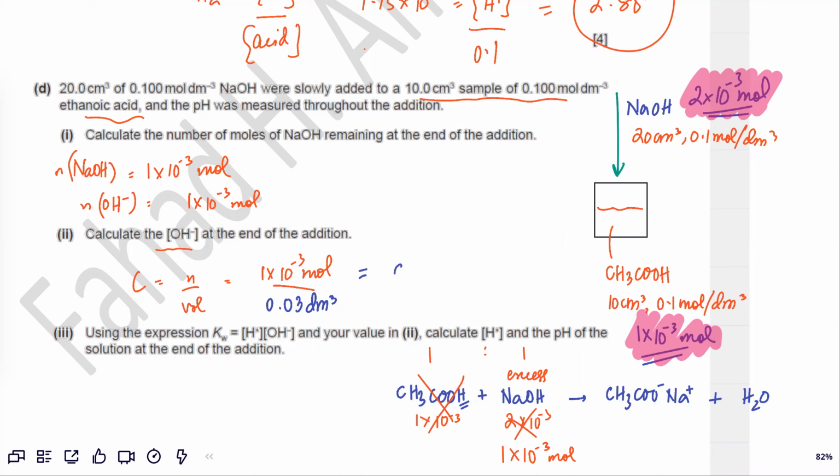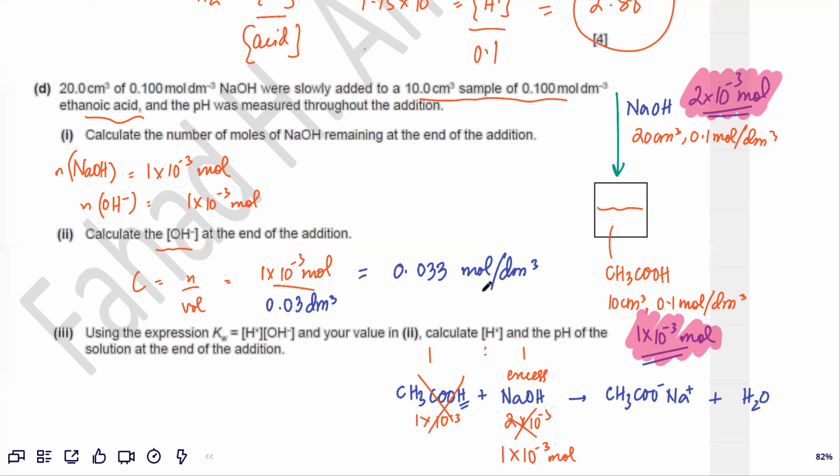So the concentration is 0.33 mole per... wait, sorry, 0.03. Is it 0.033? I think it's 0.33. Or is it 0.033? So it's coming out to 0.033 mole per decimeter cube. Okay?